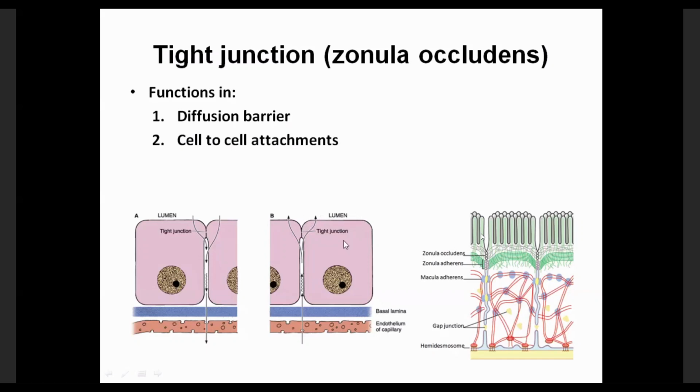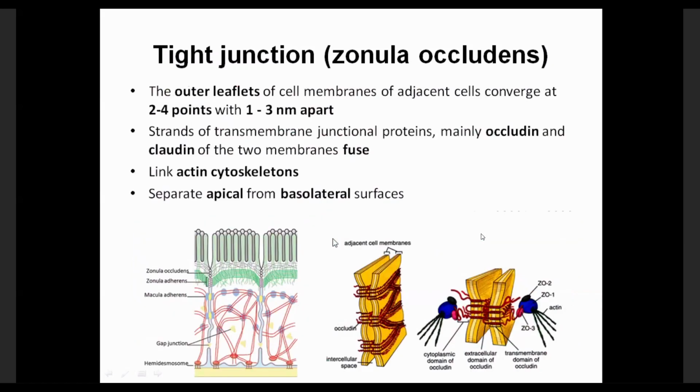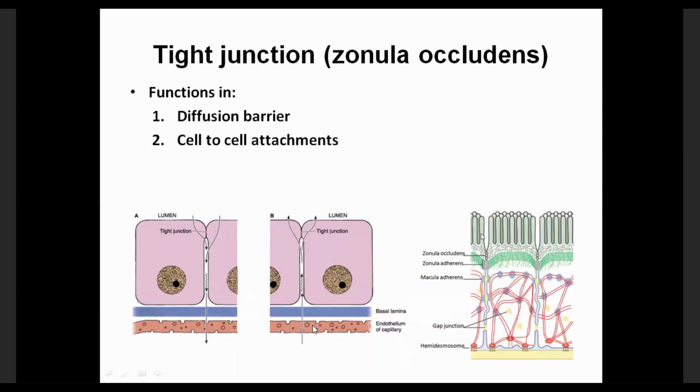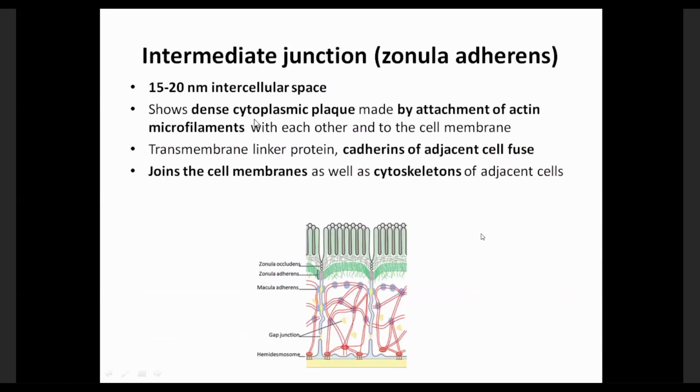Because of this, tight junctions are said to divide the surrounding of the cell into an apical and a basolateral compartment. This basolateral compartment is free to move. It also includes the proteins of the plasma membrane, and the apical ones are also free to move. But when they reach here, they cannot pass. So that's what junctions are. Their functions include cell-to-cell attachment as well as acting like a barrier.